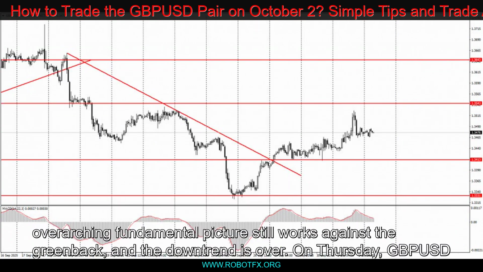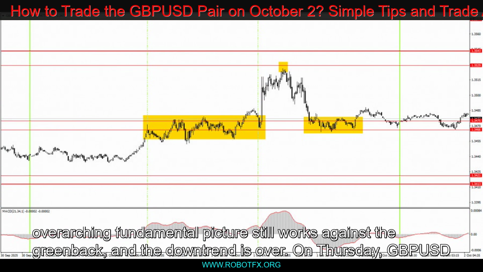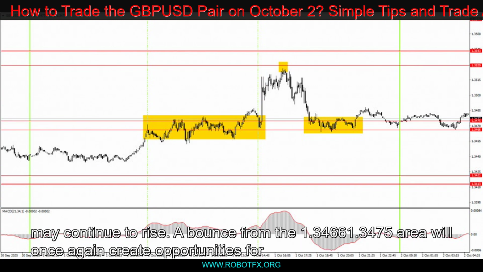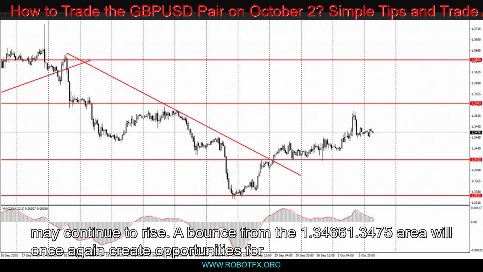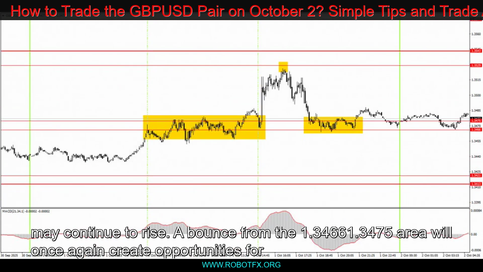A bounce from the 1.3466-1.3475 area will once again create opportunities for long positions targeting 1.3529-1.3543. A confirmed break below the 1.3466-1.3475 zone would shift focus to the downside, making shorts toward 1.3413-1.3421 relevant.